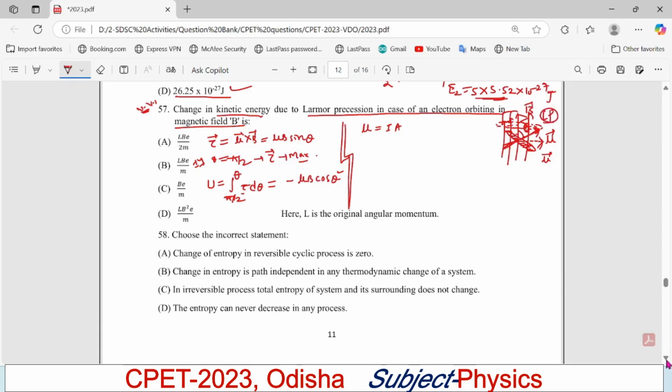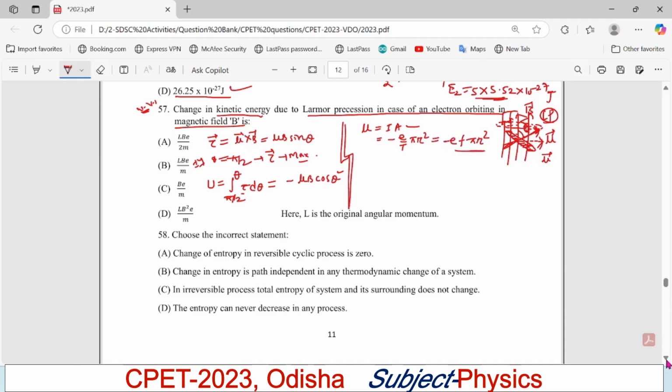So here mu equals I A. I is nothing but current. Current means Q by T. Here the electron is a negative charge, so minus e by T, where T is the time period, into A, which is pi r square. So 1 by T I can write as frequency f, so mu equals minus e f pi r square, right?